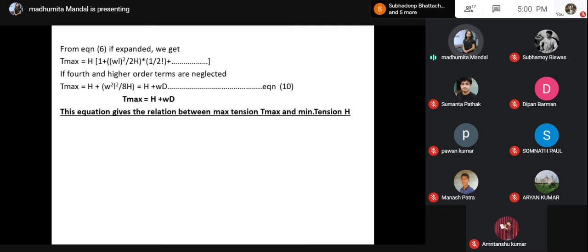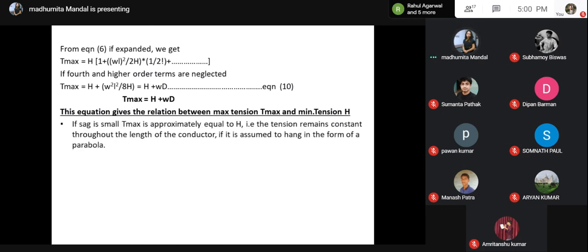So similarly, approximation can be done in case of tension also. So T max is equal to H plus w square l square by 8H, and this w l square by 8H is equal to d. So it can be written as H plus w into d, where d is sag, H is tension, and w is weight per unit length.